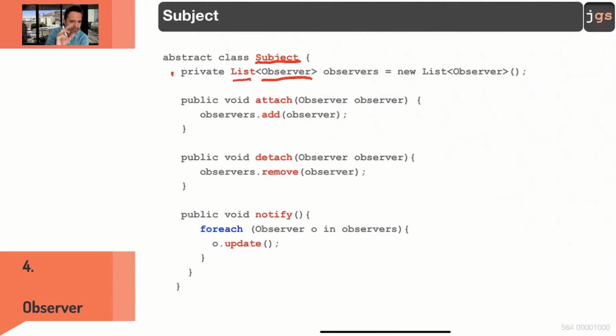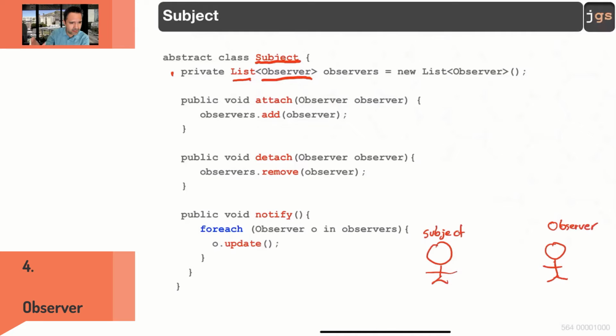The solution is as follows. I have two guys. The first one is the subject. The second one is the observer. Let's be more specific.